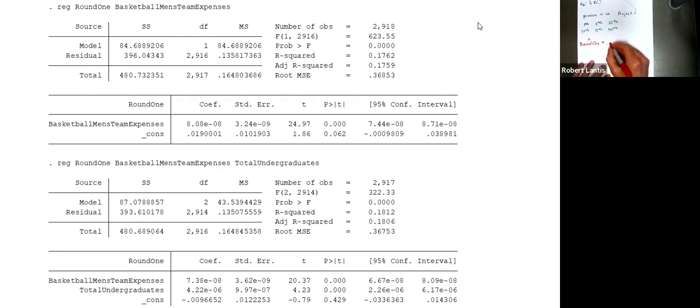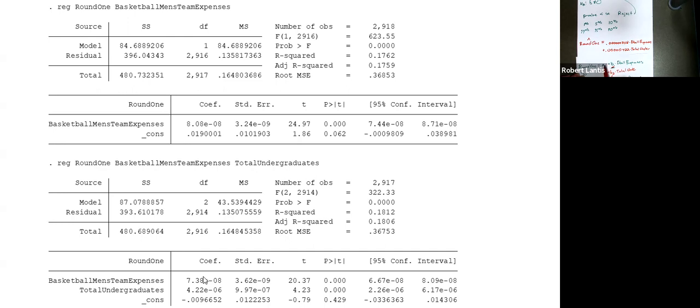So this was 0.70 times whatever the basketball expenses were. The other coefficient, 0.50 and then 422, times the total number of undergraduates. So all I was doing there was writing out my regression equation. I just plugged in those values that I had for the coefficients on those variables.